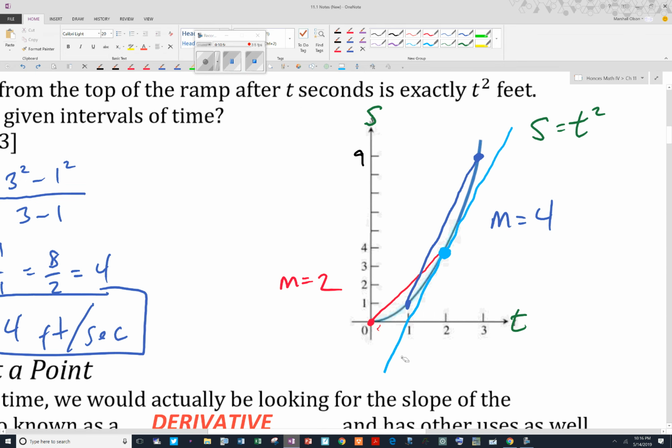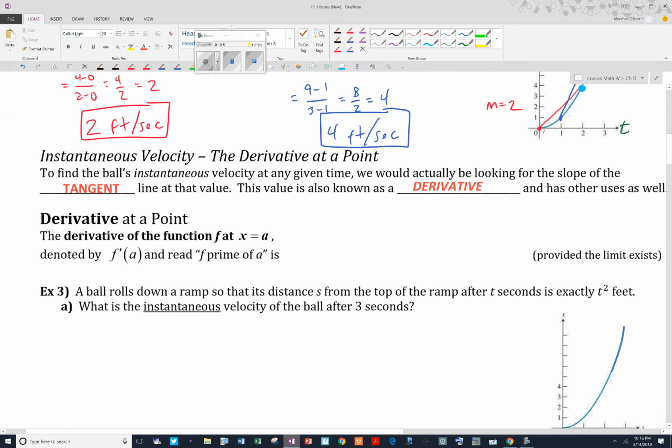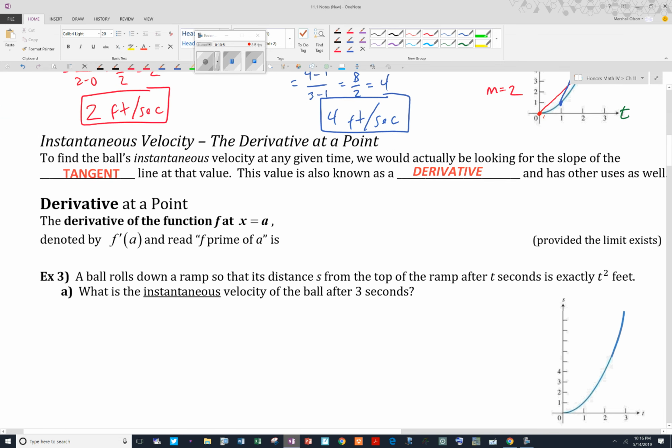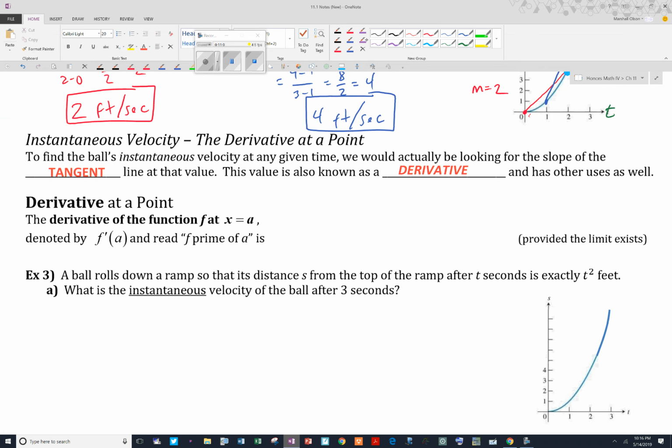All right, so let's take a look at the formula for the derivative at a point. This is the first of two formulas that we're going to get for this same calculation.